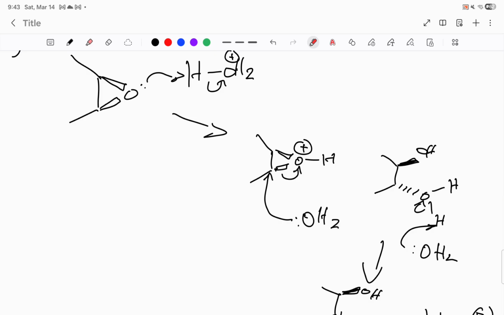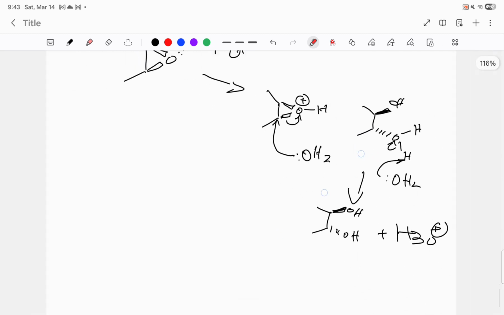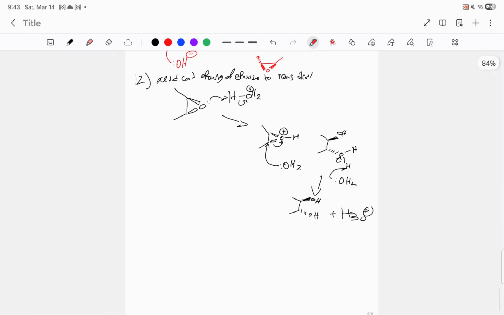But water attacks at this point, opens the ring, deprotonation gives us the transdiol. So in 3 steps, the reaction is protonation, nucleophilic attack, deprotonation. Amazing. So that's one way.